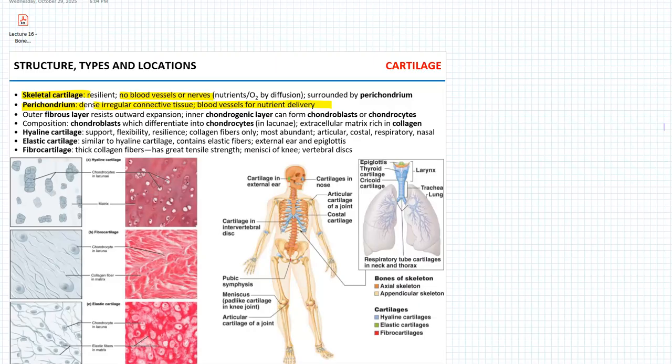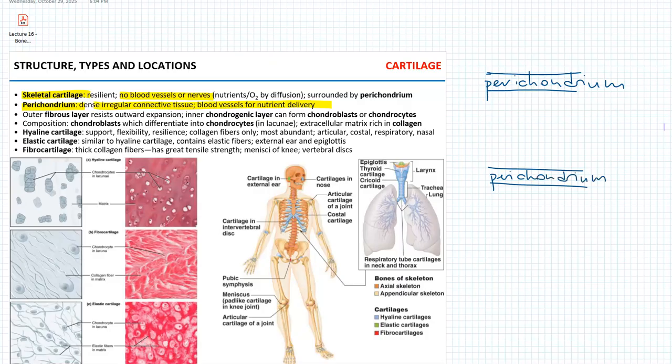that we can sort of illustrate cartilage this way. So on the outside, it's a perichondrium. So two layers. And between the two perichondrium levels is the layer of matrix.